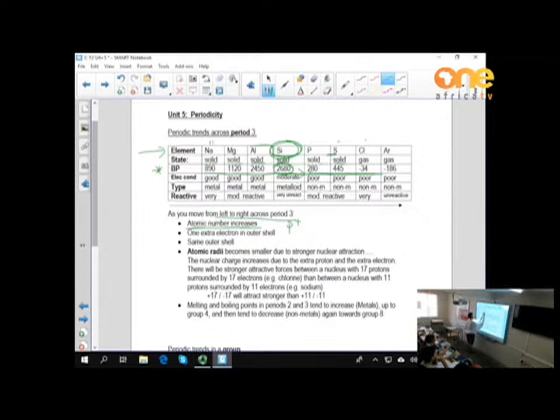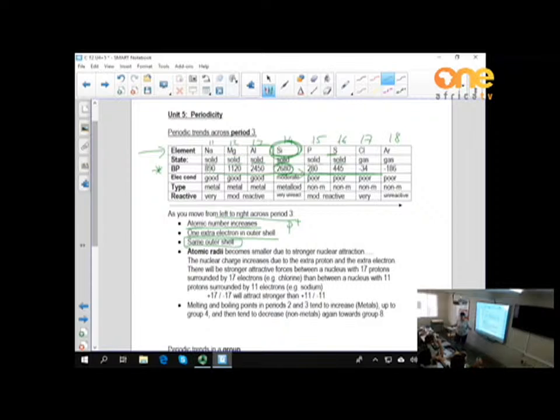Sodium has an atomic number of 11, magnesium is 12, aluminium 13, 14, 15, 16, 17, and 18. So what happens to the nuclear charge as we go from left to right? It's increasing. Okay. Now, we also have one extra electron in that outer shell. So the negative charge is also increasing. All right? It's in the same outer shell. In other words, it's got 3 shells.